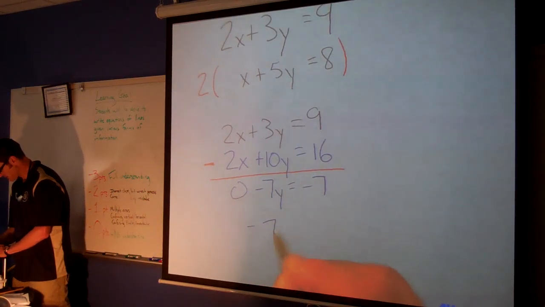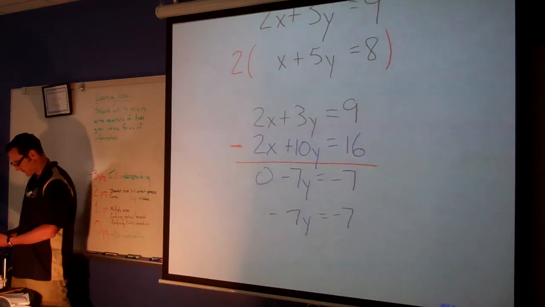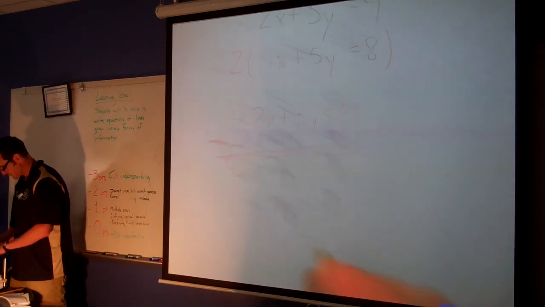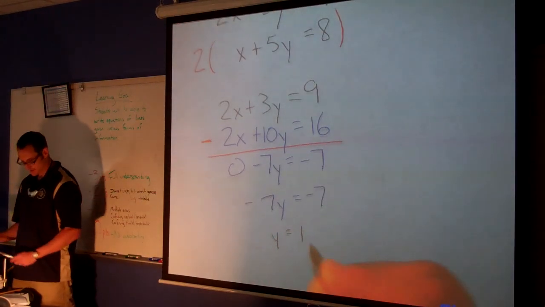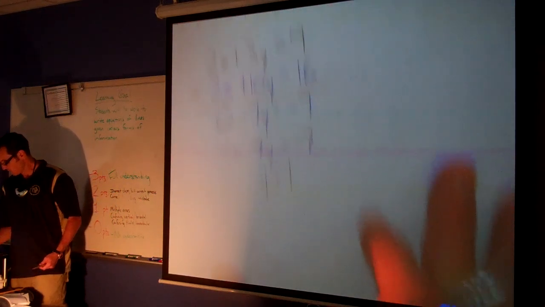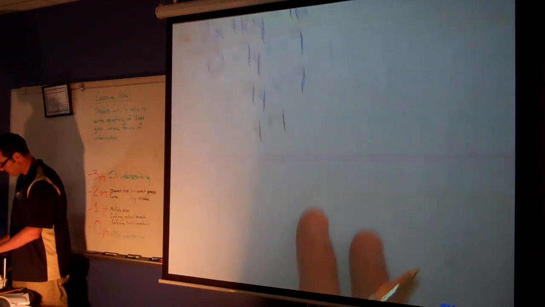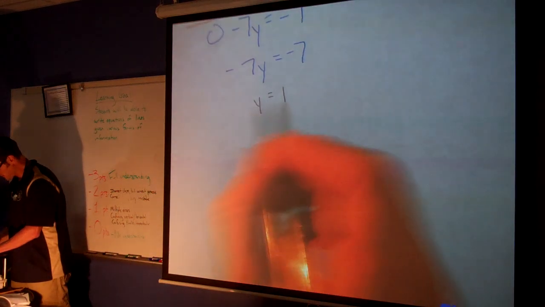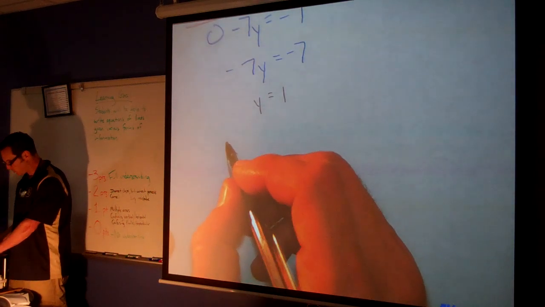Clean up the mess, and then solve for y. This actually looks like the last example, doesn't it? Because it is. Once I have my y value, I can use one of the original equations.